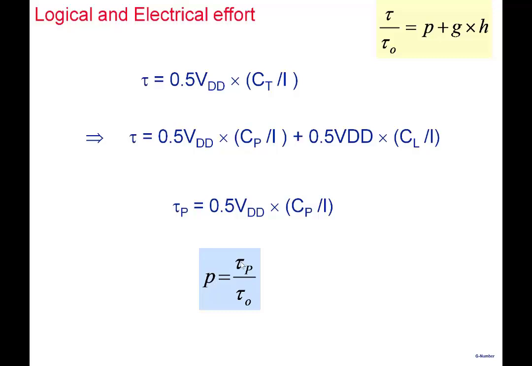And this tau P normalized by the delay of an inverter. I can also write down the delay of an inverter. I normalize it, and we'll call this the first part, the P part here. So the first part is straightforward. There's an intrinsic delay. If you divide it by tau naught, you get the intrinsic delay of a gate normalized by the intrinsic delay of an inverter.